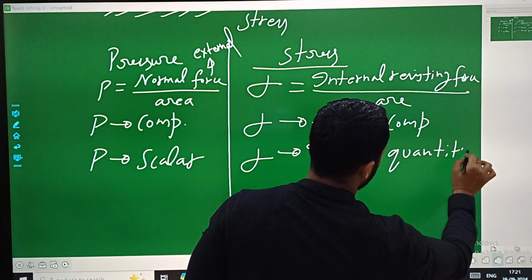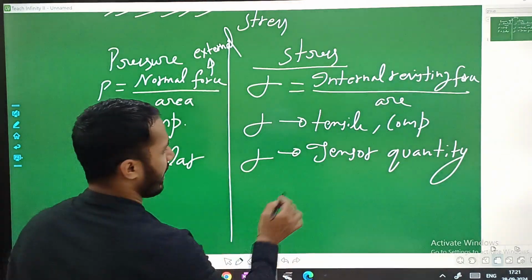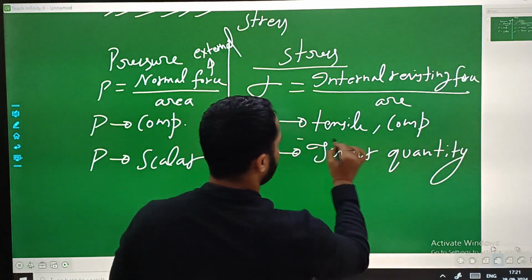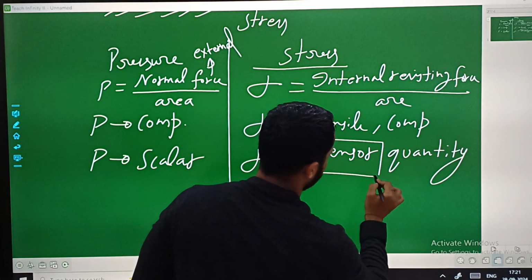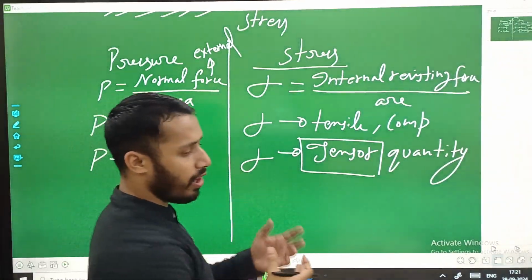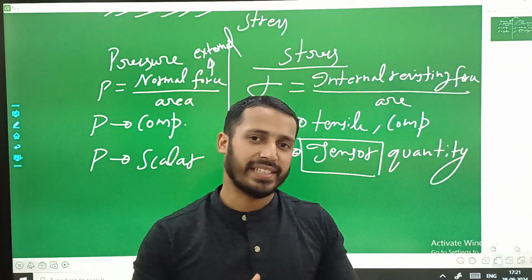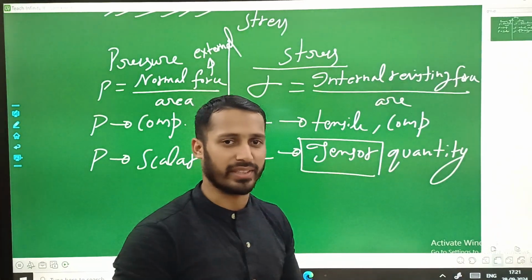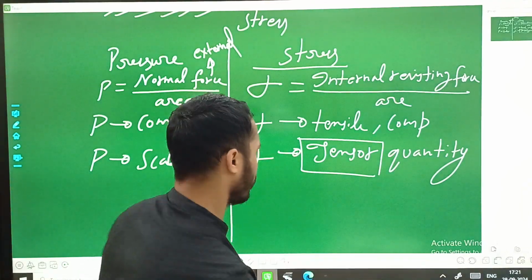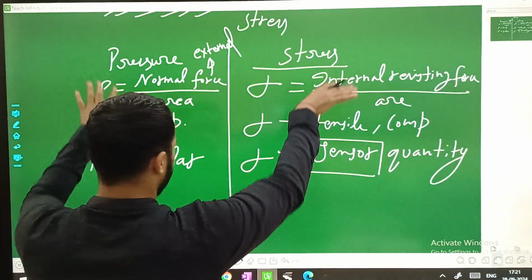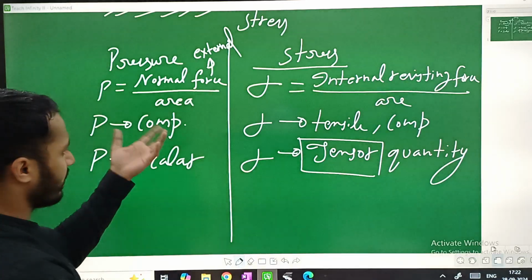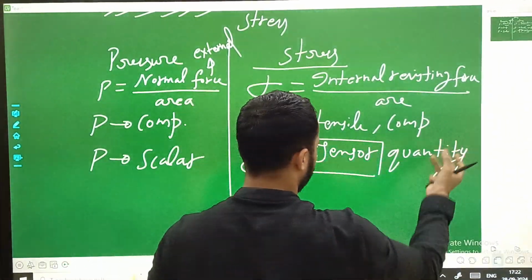Now you will say, sir, we have not studied about the tensor. Actually, this concept is a little bit different. All the scalar quantities, vector quantities, all the quantities are derived from this tensor quantity. I will let you know how. Okay. So one major difference is this: pressure is a scalar quantity and stress is a tensor quantity.